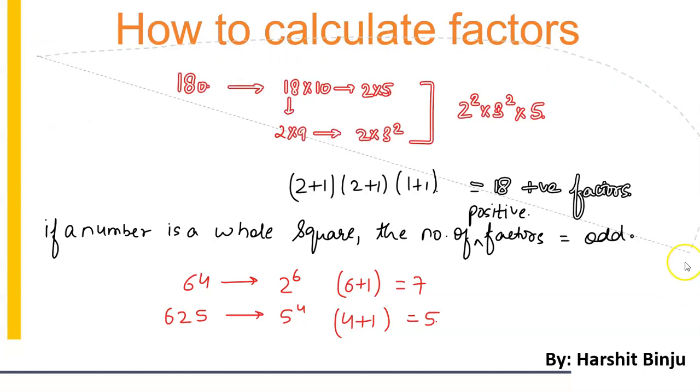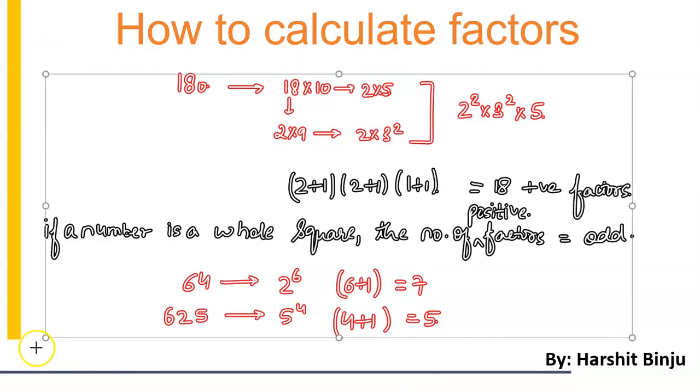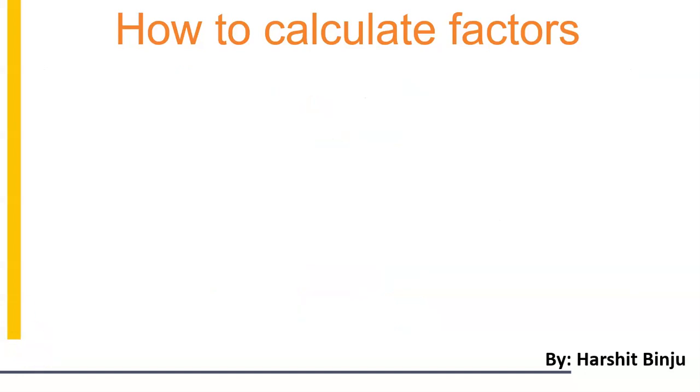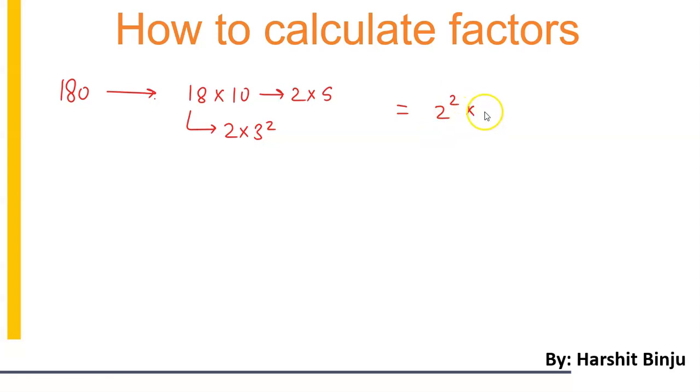For example, if I ask about 180, it's basically 18 into 10. So this will basically be 2 into 3 square, and this is 2 into 5. So this will become 2 square into 3 square into 5.